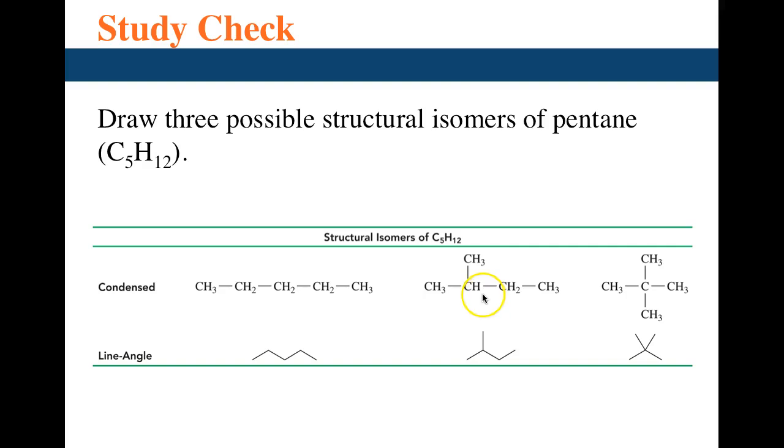You want to give the branch the smallest possible number, so you place it here on the second carbon. The long continuous chain is butane. At the second carbon, you have this methyl group. So 2-methylbutane. Between a number and a letter, you have to have a hyphen.